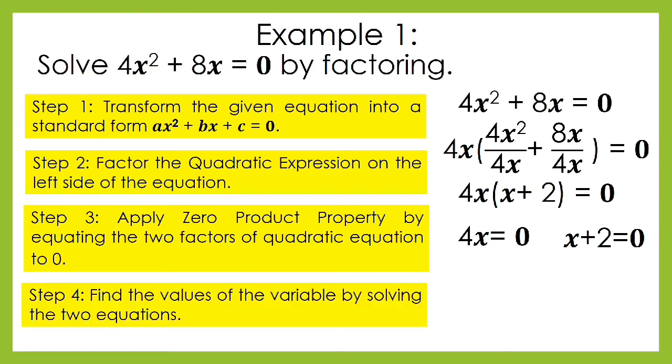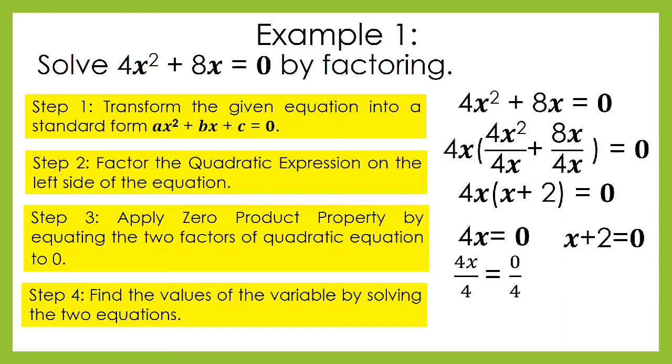And then step 4, find the values of the variable by solving the two equations. So, our variable is x, so we will solve for x. As you can see, in our first equation, meron tayong numerical coefficient na 4. I-divide natin both sides by 4.